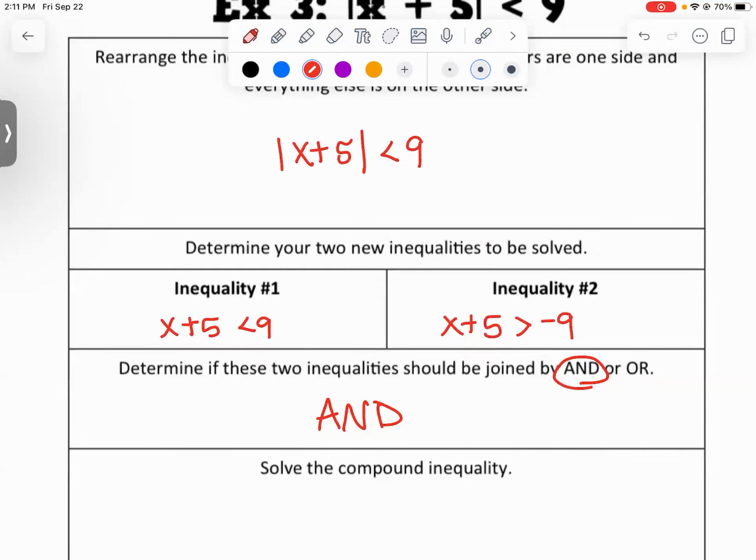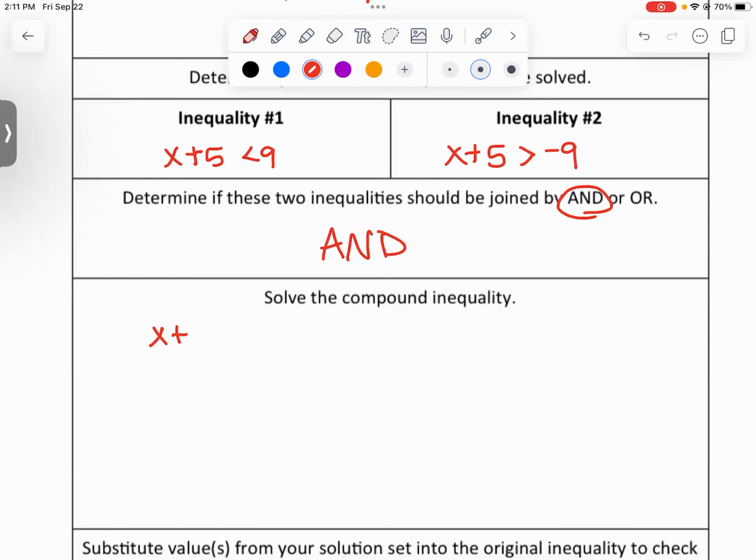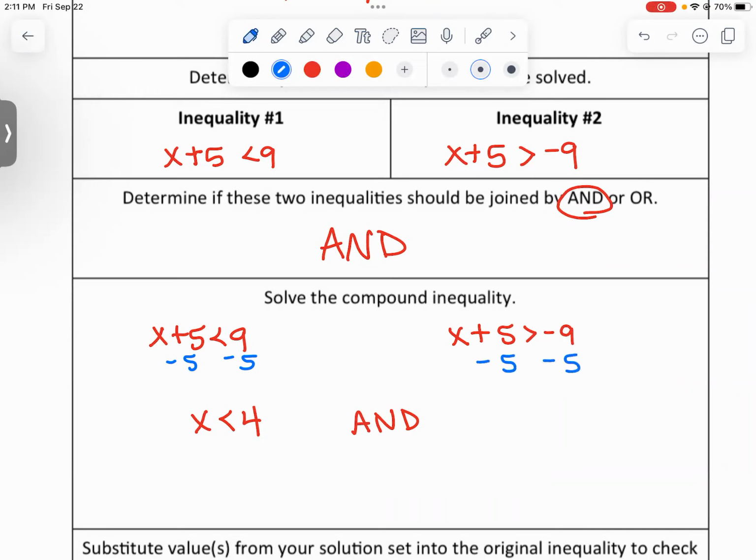Now, are we done solving? No. We need to take x plus 5 is less than 9, and we need to move the 5 over to get x is less than 4. And we have x plus 5 is greater than -9. We need to subtract the 5 to get x is greater than -14.